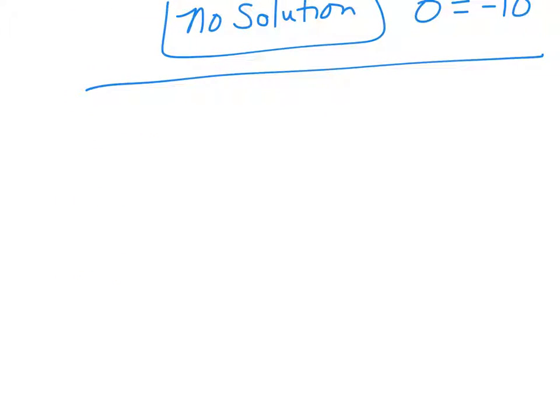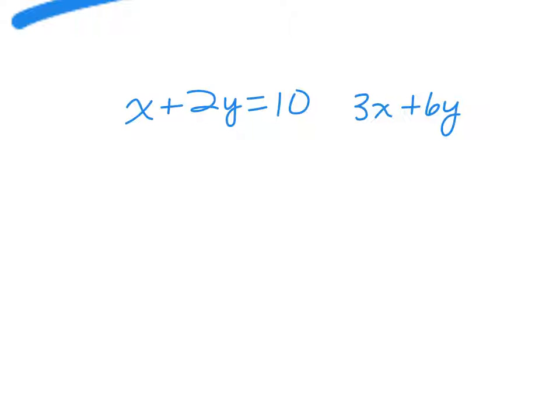Let's make it x plus 2y is equal to 10. Let's make the next one 3x plus 6y is equal to 30. Now let's use elimination.